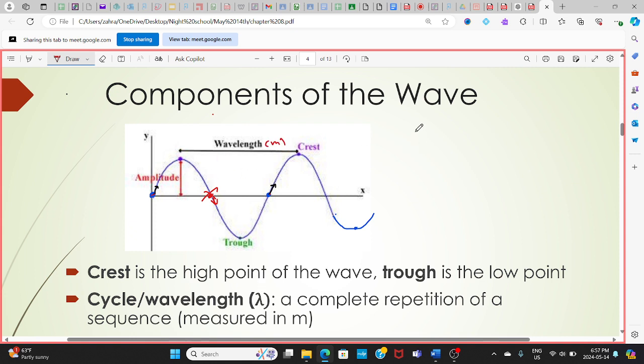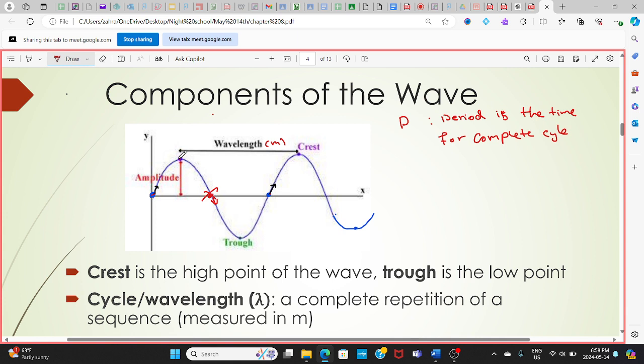Okay. And the time, we call it period. Period is the time for a complete cycle. When you have a wave, the wave is moving forward, right?